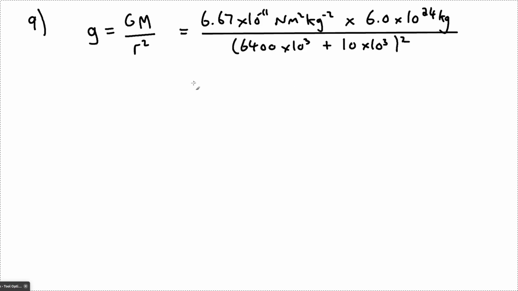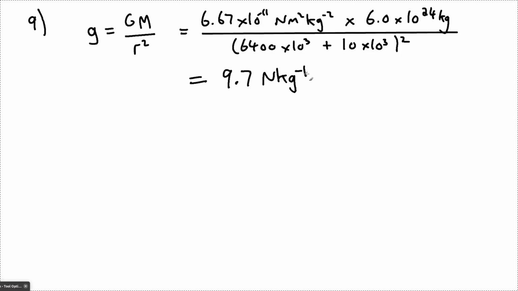Don't forget, distance has to be squared. And then it is simply a question of putting that into our calculator. 9.7 newtons per kilogram. So basically, moving up 10,000 meters above the Earth's surface, over that distance, the gravitational field strength has gone from 9.8 newton per kilogram to 9.7 newton per kilogram.